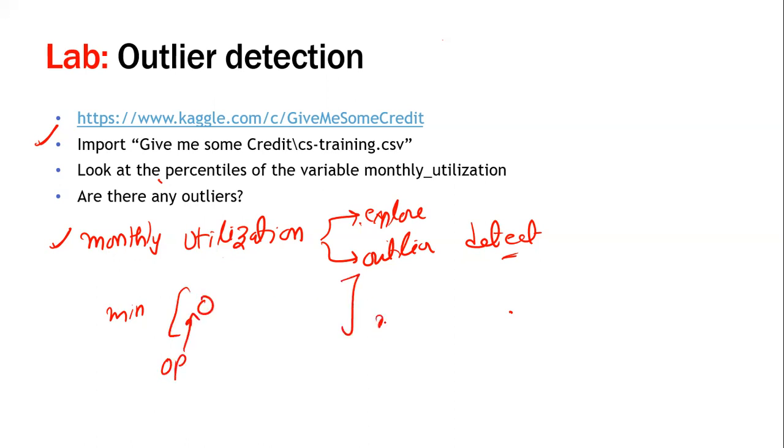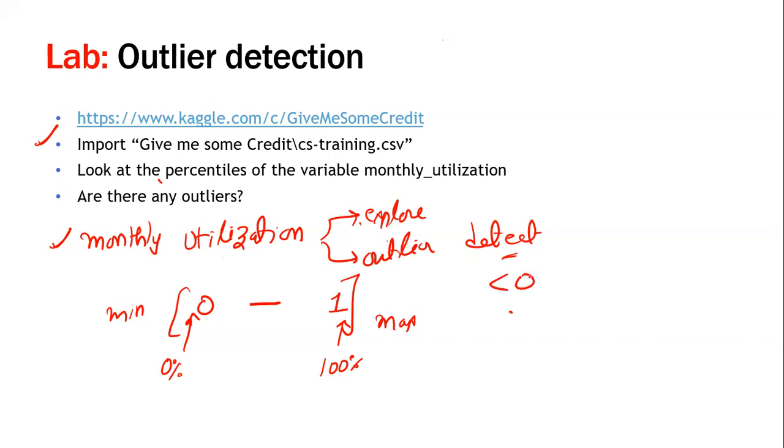What could be the maximum value of utilization percentage? No matter what the credit limit is, 100% is the maximum value, which is 1. So the limits are 0 to 1. From the business point of view, the limits must be 0 to 1.